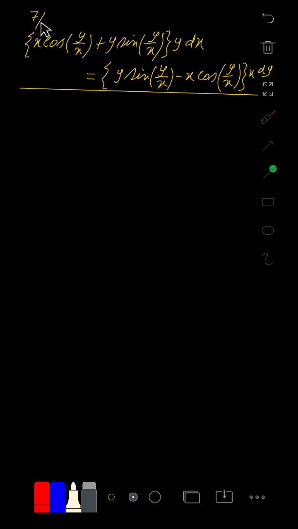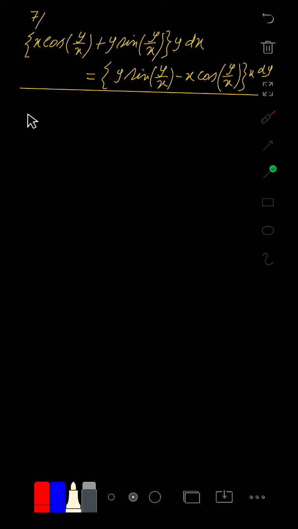Now question number 7 is x cos y upon x plus y sin y upon x bracket close y dx is equal to bracket y sin y upon x minus x cos y upon x bracket close x dy. So first we need to find out the value of dy upon dx in terms of x and y. So transposing this dx to right hand side in the denominator of dy, and this whole expression to left hand side, which goes in the denominator of this expression.